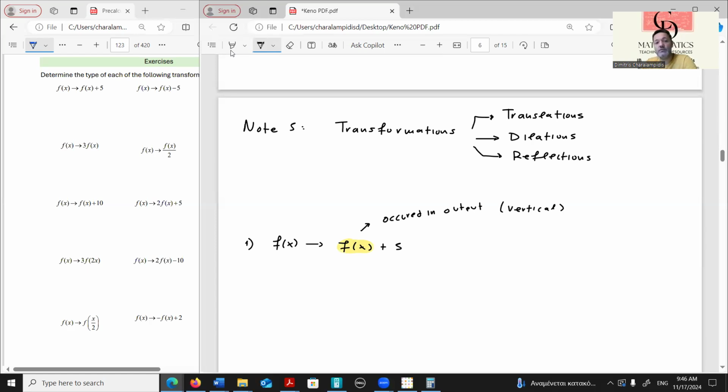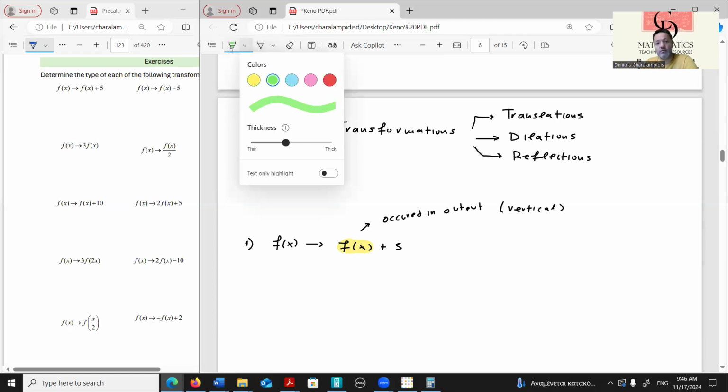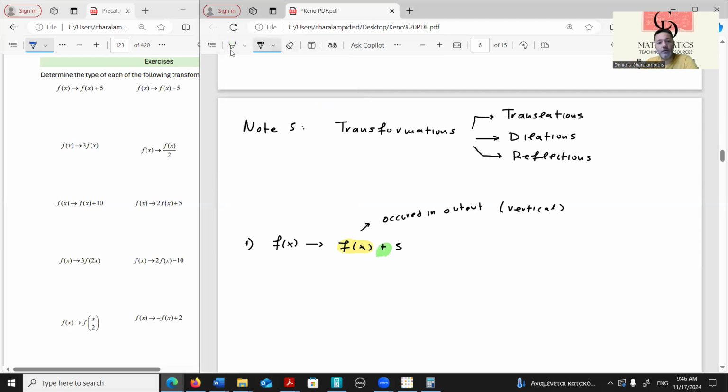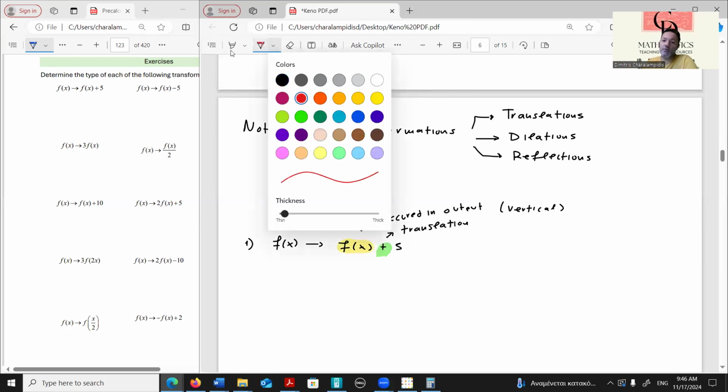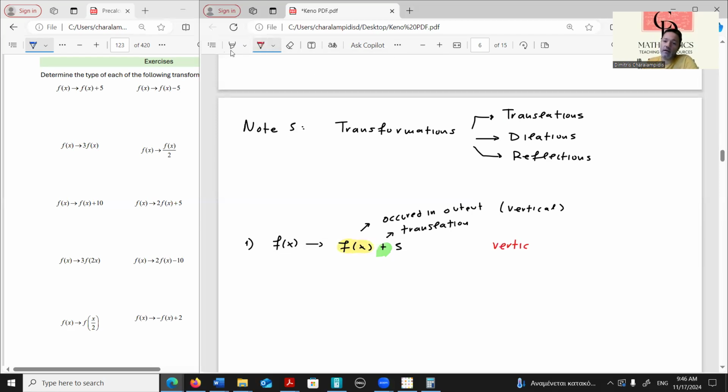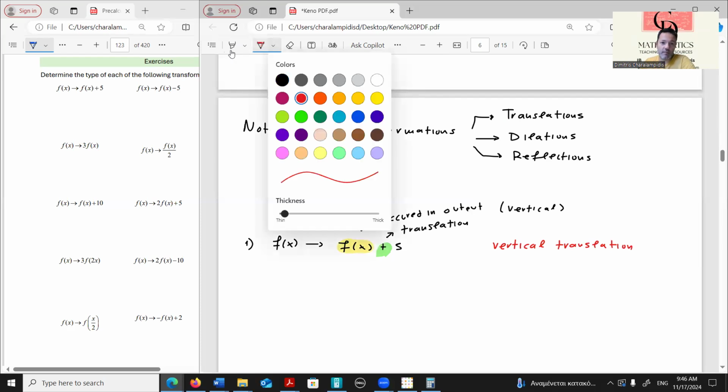What kind of change was that? It was an addition. The addition characterizes that as a translation. So overall, in this example, we would have called that a vertical translation. Don't worry about the interpretation of 5. We'll see that in the next video. For now, we just want to be able to determine them, to describe them.